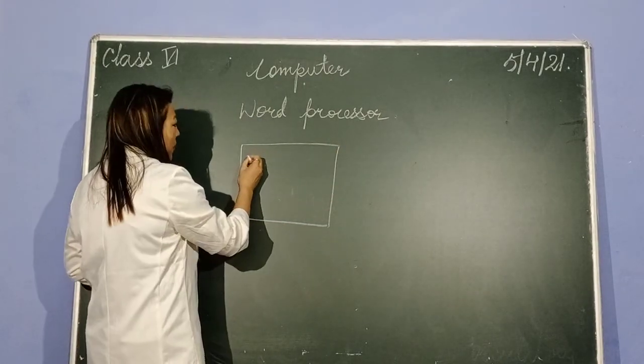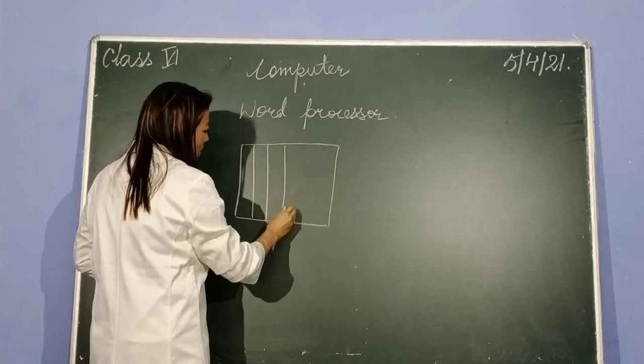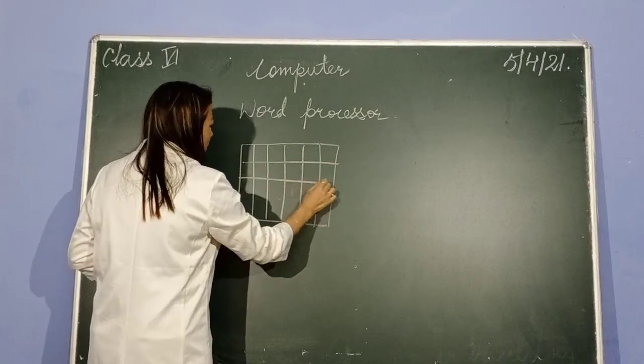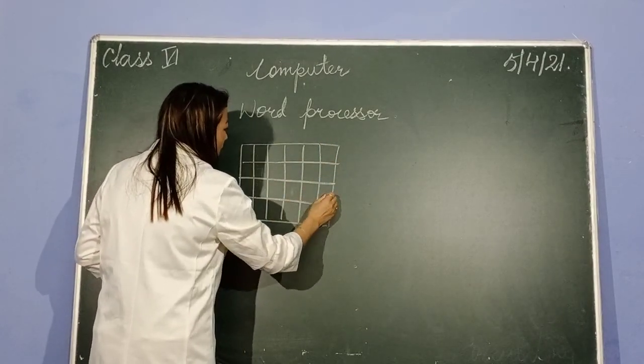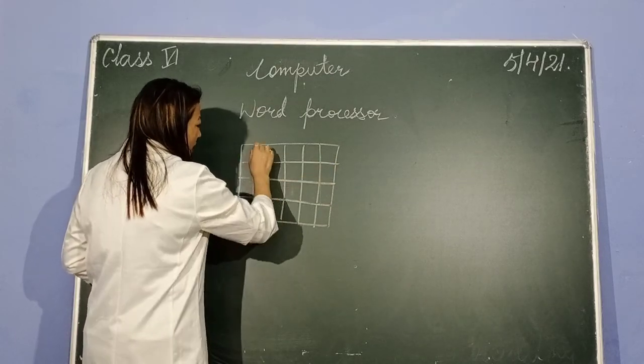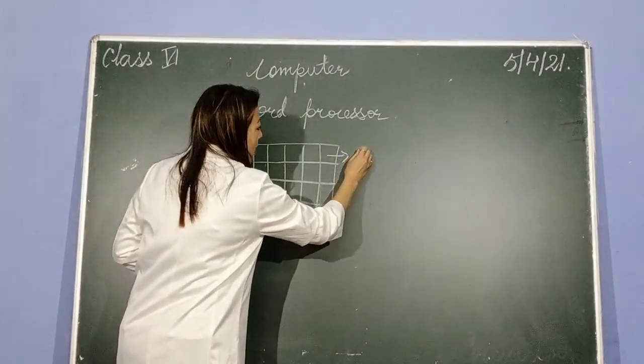Table means you'll get rows and columns. These are rows and these are columns. The intersections of rows and columns are known as cells.